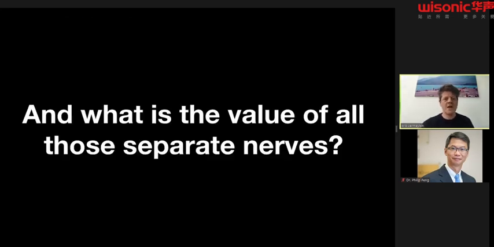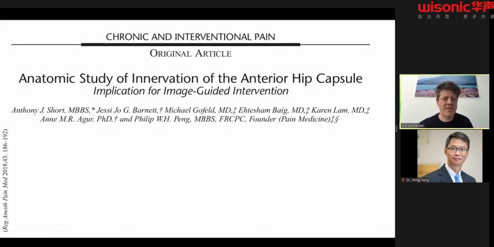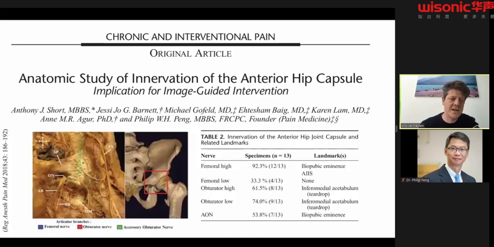Now, Philippe already said that the separate nerves and anatomy are important, because without anatomy we can't develop a regional anesthesia technique. But we also have to think a little out of the box and ask ourselves, what is the value of all those separate nerves? Philippe already showed this article from Short, a very nice article from 2018.